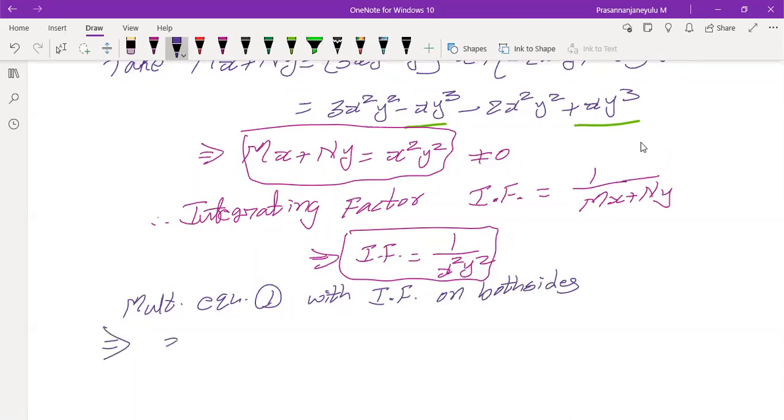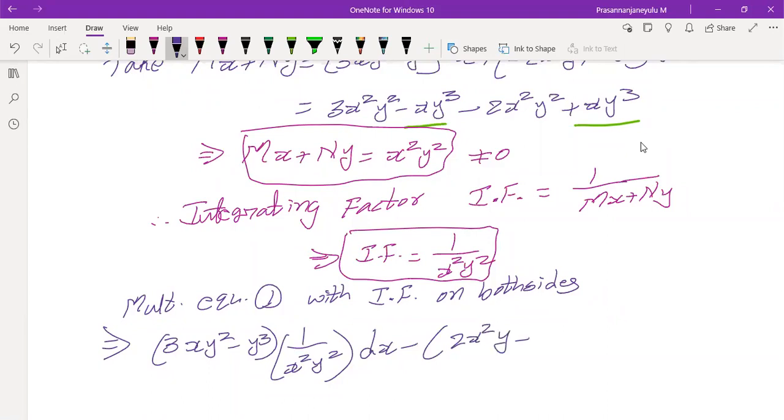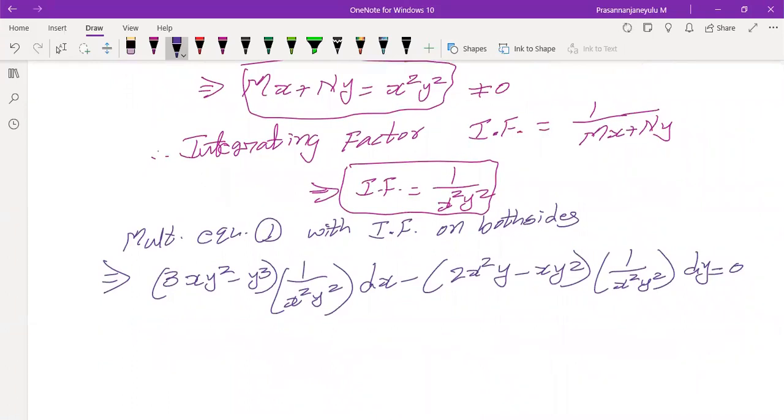So equation 1 is 3xy square minus y cube, multiplying with 1 by x square y square, into dx, this is the first term, minus of 2x square y minus xy square, multiplying with the I.F., which is 1 by x square y square, into dy, equals, what is the right hand side part? 0 multiplied with 1 by x square y square. I'm writing it, but if you do this also, then finally we'll get only 0 on the right hand side.